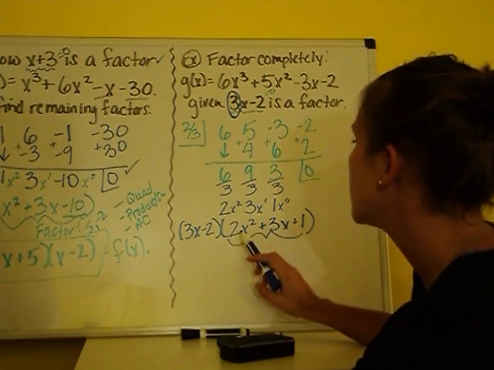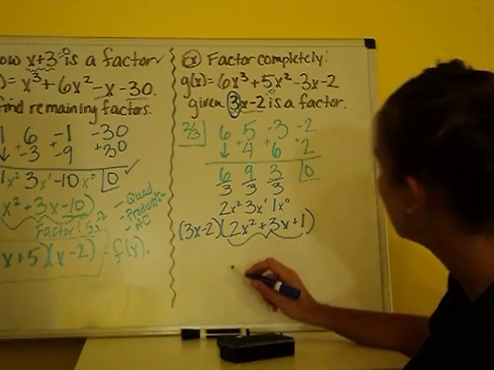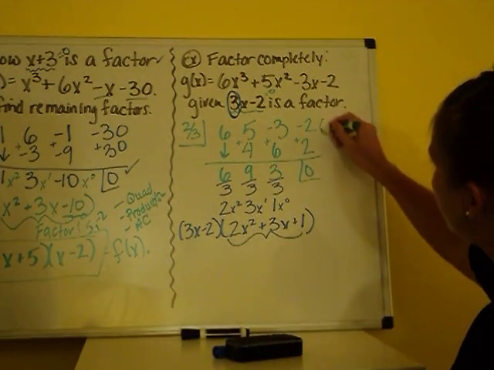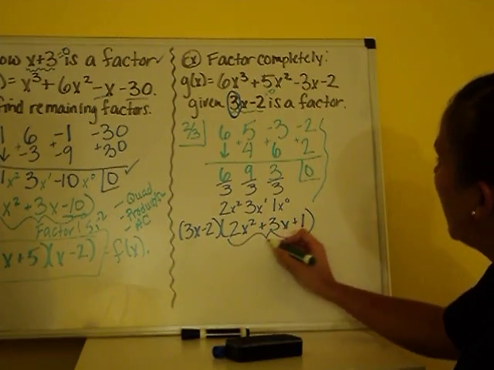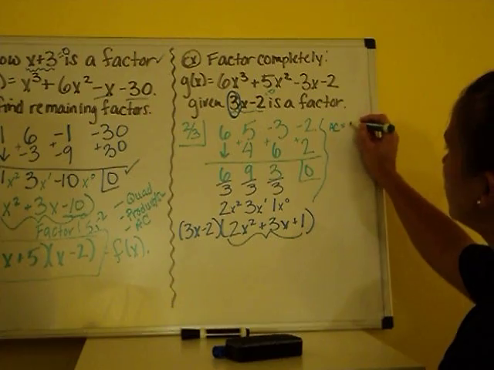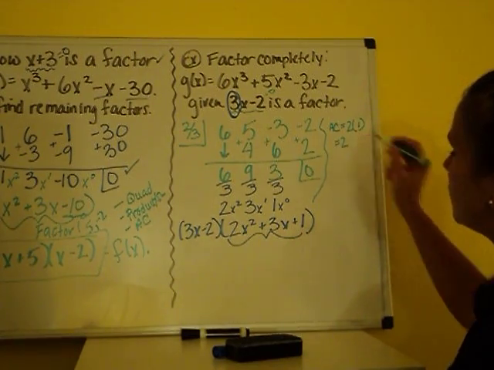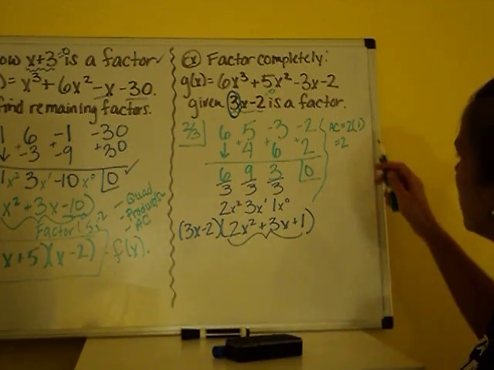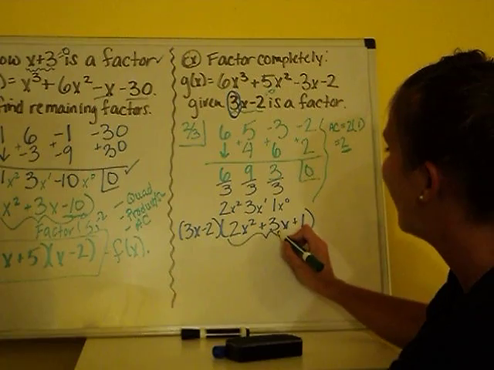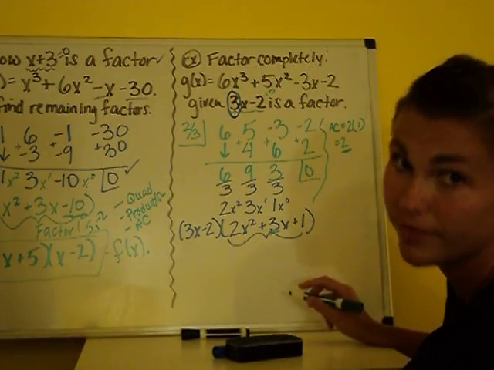Coefficient of 2 in front, that means I get to do AC factoring. Woohoo! Get excited. Okay. So my A times C, my A is 2, my C is 1, which is 2. Okay. So what multiplies together to be 2, that adds to 3. 2 and 1.